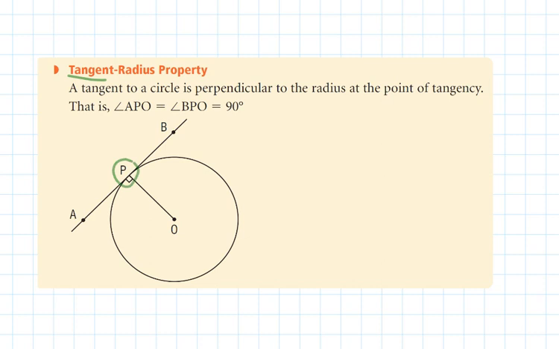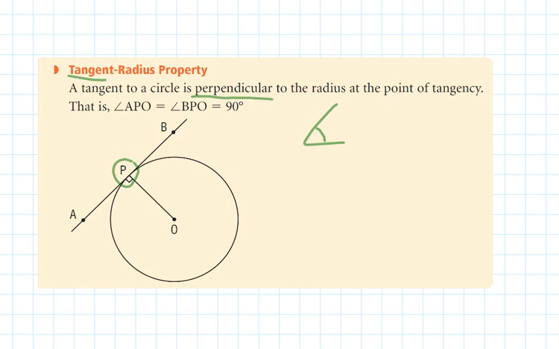The point of tangency is the point at which the tangent line touches the circle. Perpendicular means a 90 degree angle. For angles we usually have an arc, but for perpendicular angles we just put a little square at the corner.